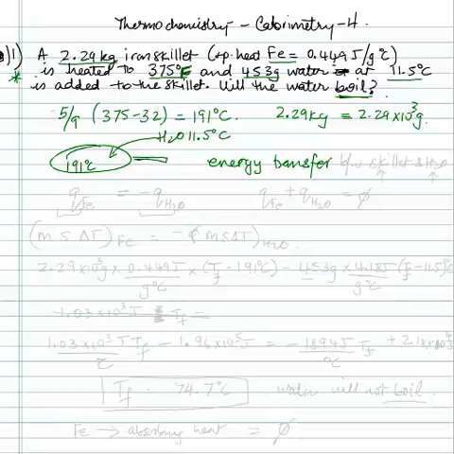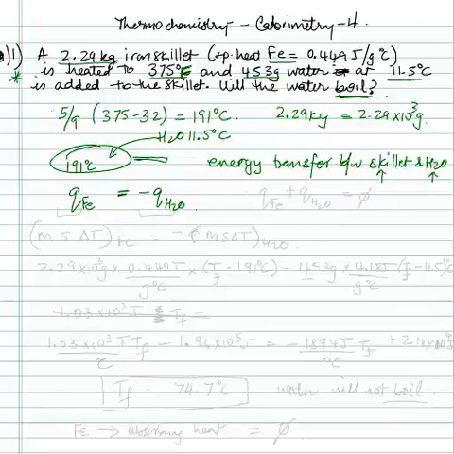We're talking about the energy transfer between the skillet and water, which means that whatever amount of energy is given by one should be absorbed by the other, and vice versa. So we can start with Q. The energy that the iron has is going to be given off to the water, so the sum should be equal to 0.